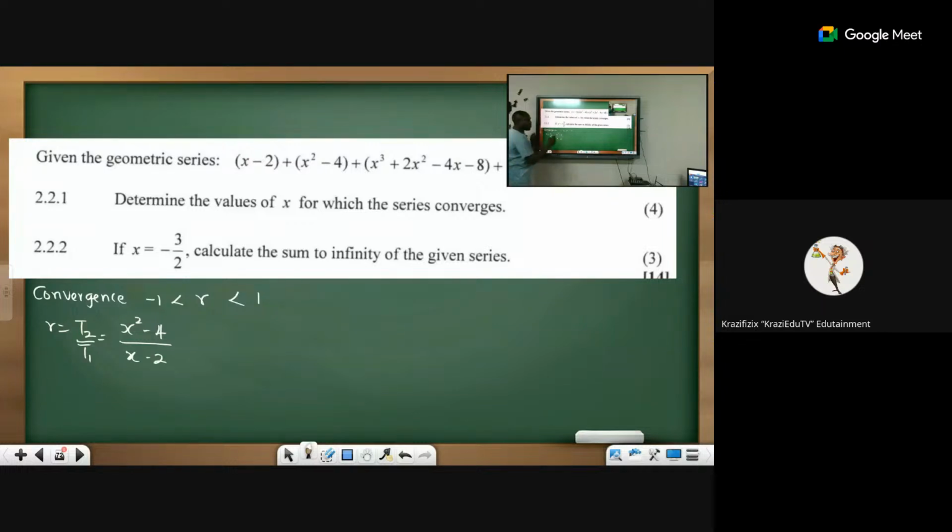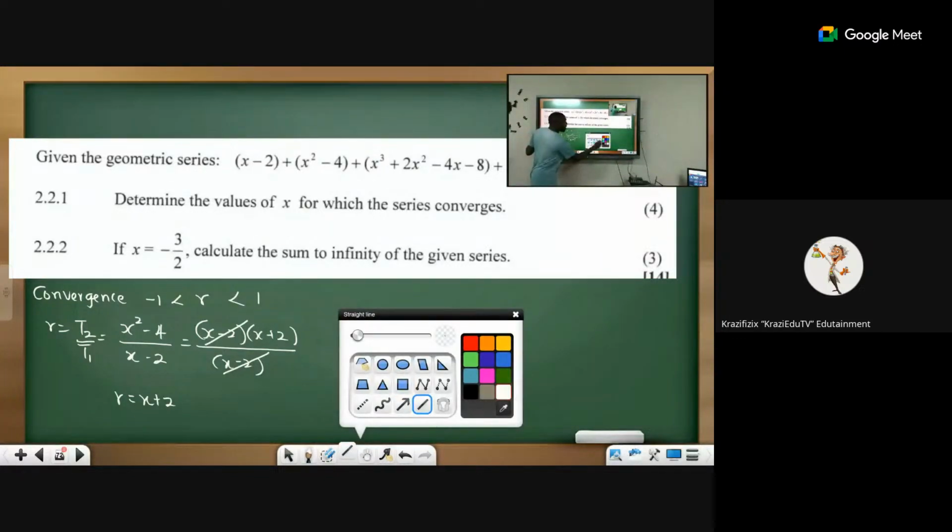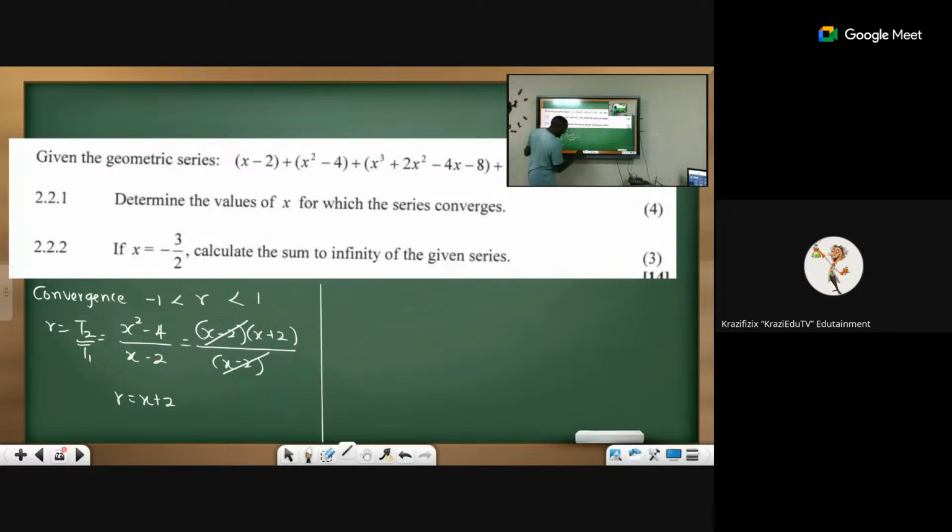I don't know if you see this as a difference of 2 squares. (x minus 2)(x plus 2) over (x minus 2). So what is our R? All right. Remember, we are looking for the value of what? We are looking for the value of x. For convergence, check that. That's my rule. But what is my R now?